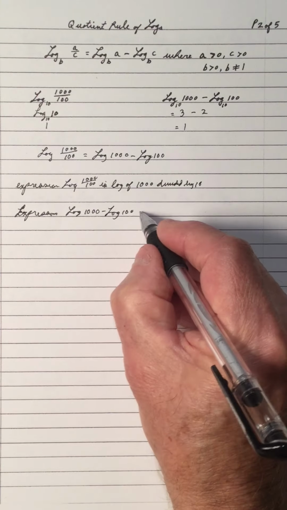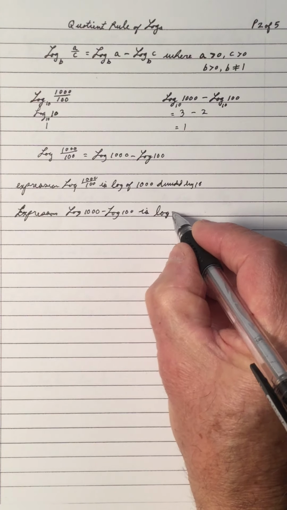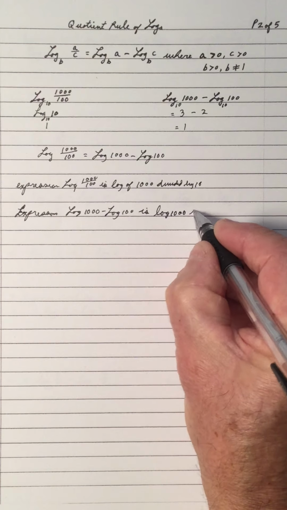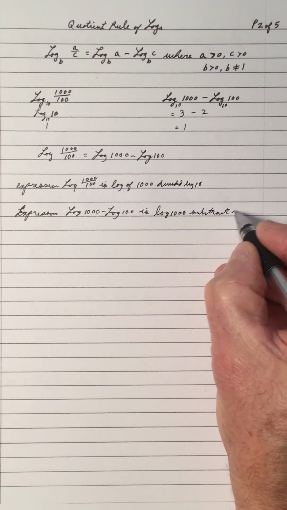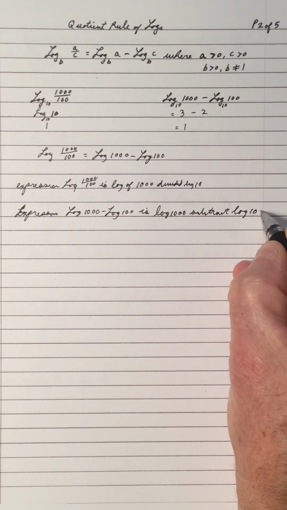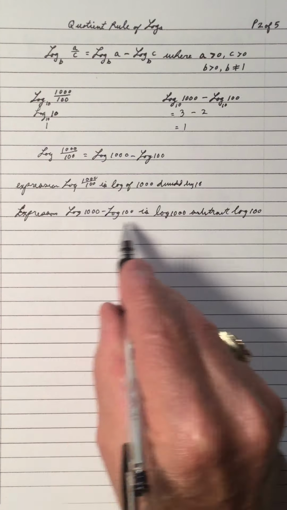This expression is read the log of 1,000 subtract the log of 100. So this is the quotient, which is division, and the quotient ends up to be a subtraction.